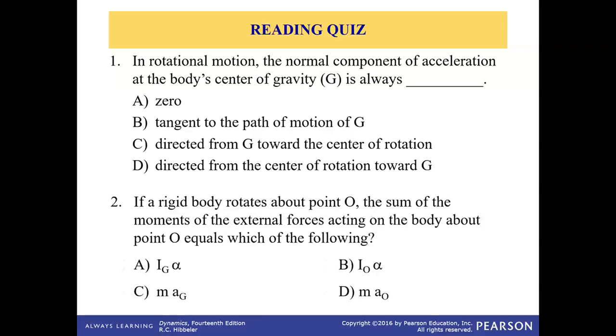Second question: if a rigid body rotates about a point O, the sum of moments of the external forces acting on the body about point O equals which of the following?